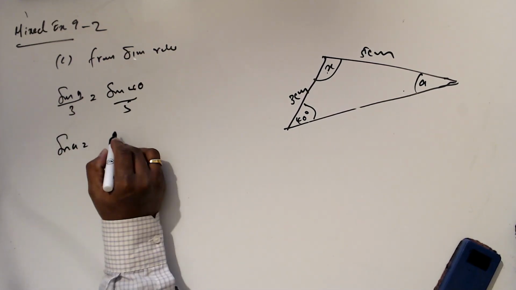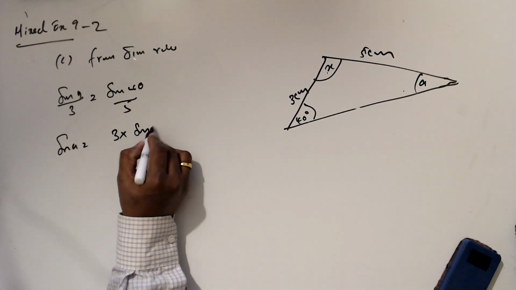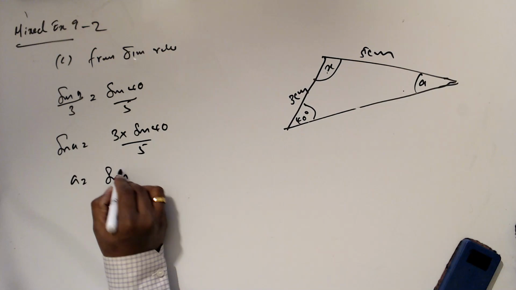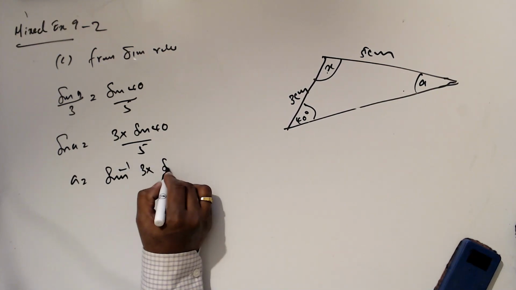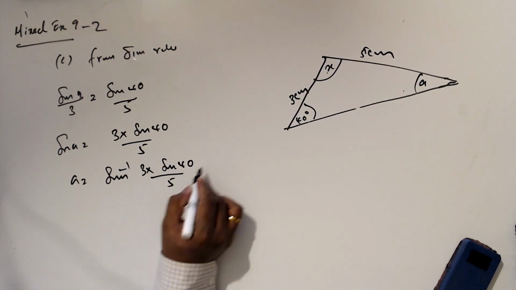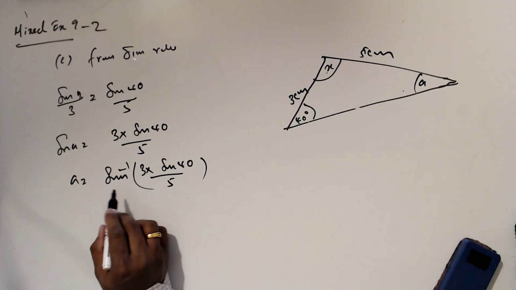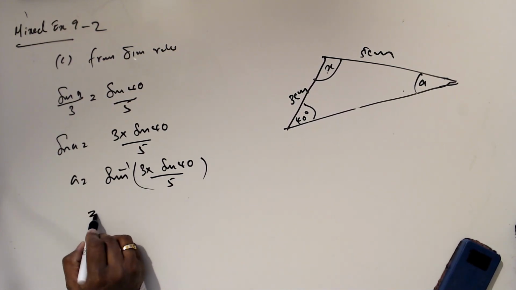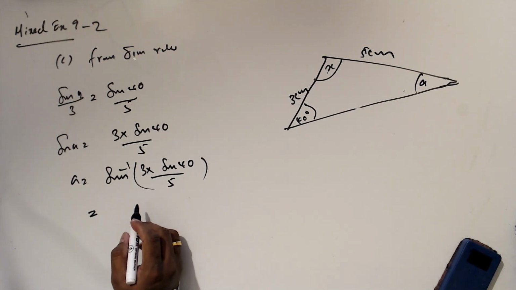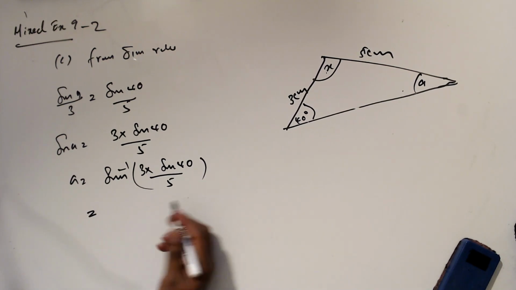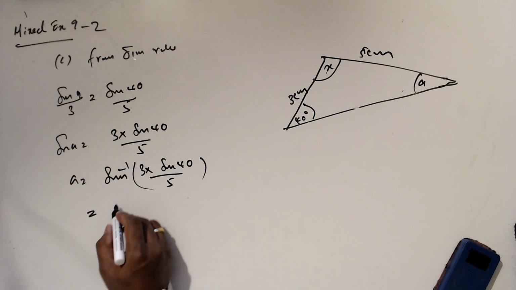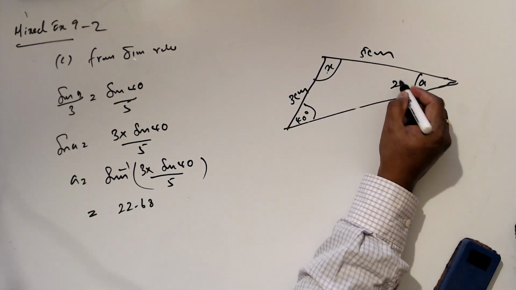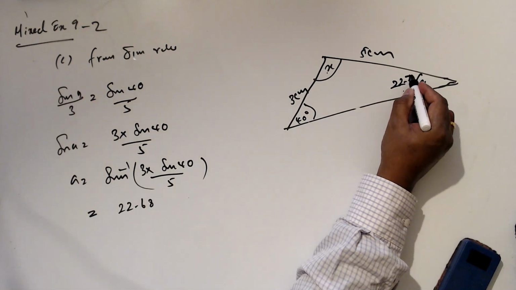Sine A equals 3 times sine 40 over 5. A equals sine inverse 3 times sine 40 over 5. You can straight away type shift sine and then this one, and you can get the answer. From the calculator, answer is 22.68. So this is going to be 22.7.